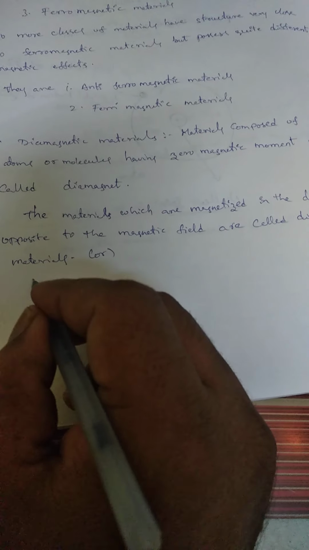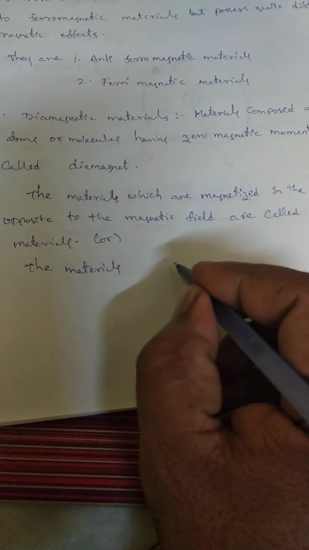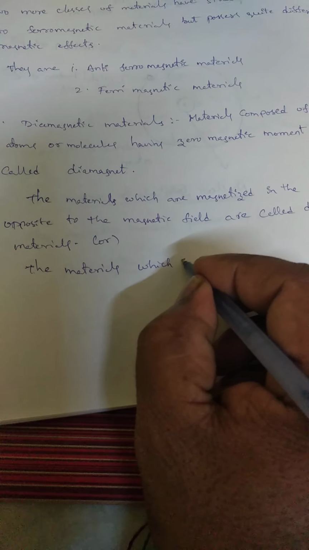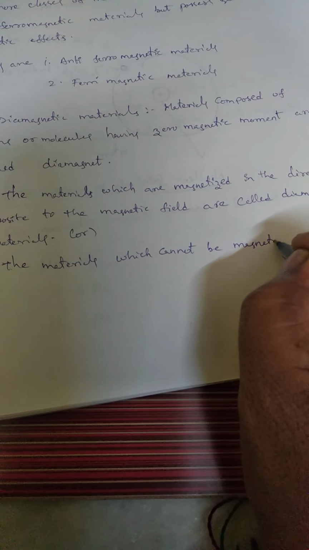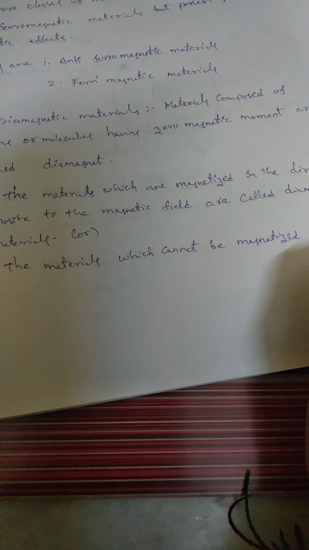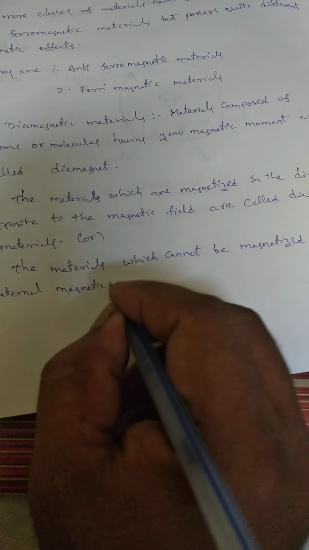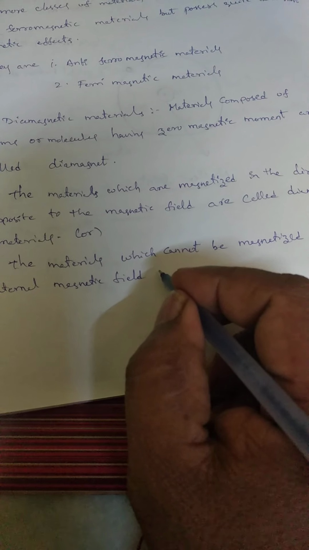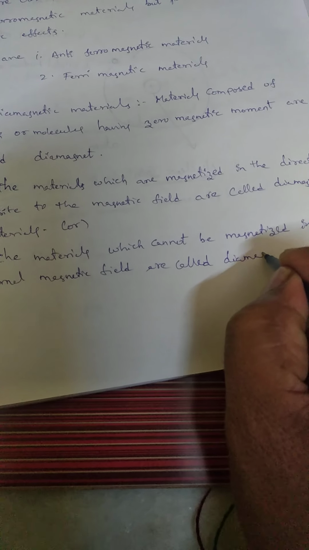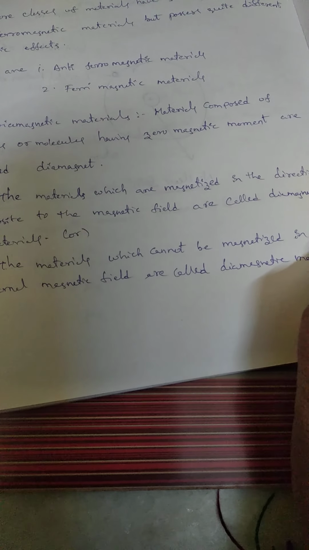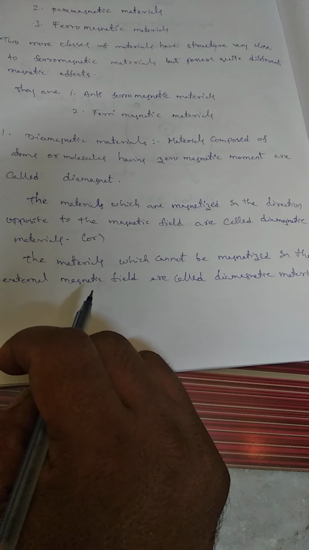Or the materials which cannot be magnetized in the external magnetic field are called diamagnetic materials.